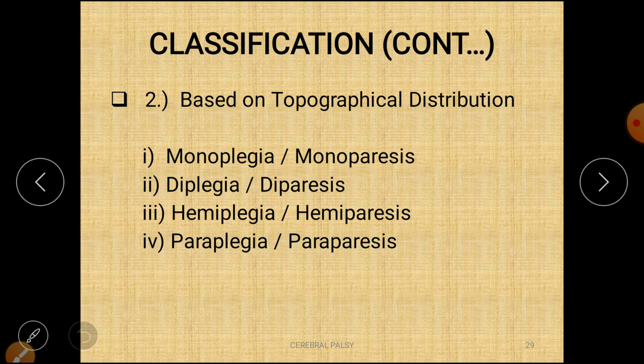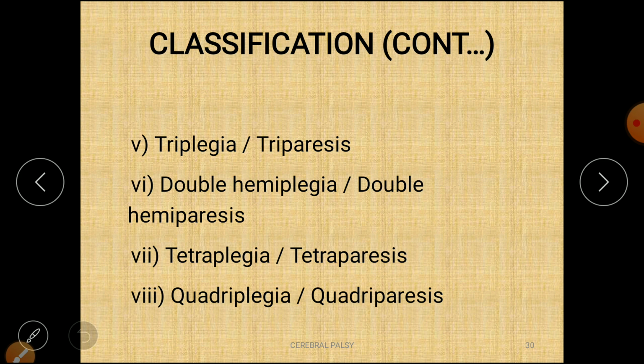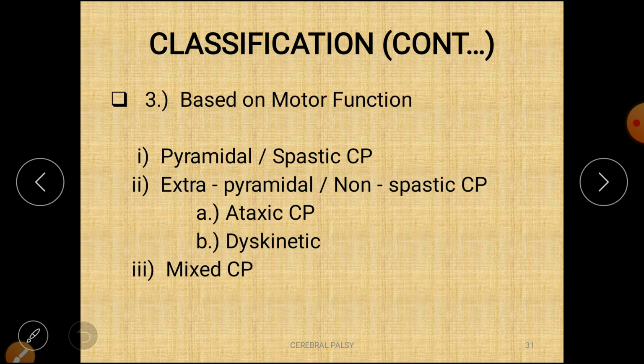Second is based on topographic distribution: monoplegia or monoparesis, diplegia or diparesis, hemiplegia or hemiparesis, paraplegia or paraparesis, triplegia or triparesis, double hemiplegia or double hemiparesis, tetraplegia or tetraparesis, quadriplegia or quadriparesis. Third is based on motor function: pyramidal or spastic CP, extrapyramidal or non-spastic CP, which has 2 classifications, ataxic and dyskinetic, and the last type is mixed CP.